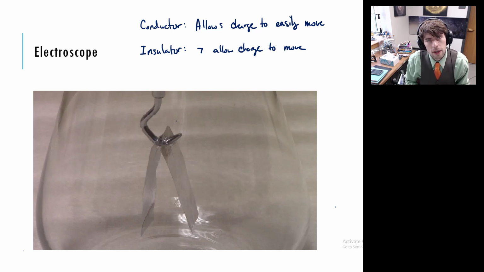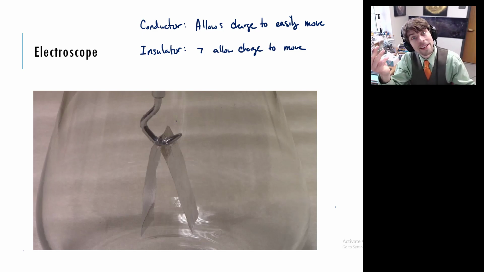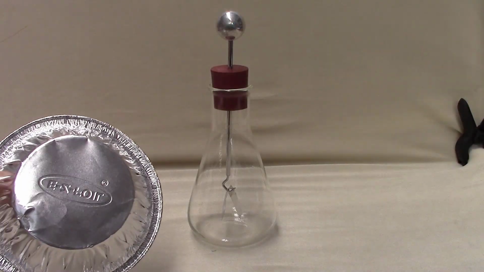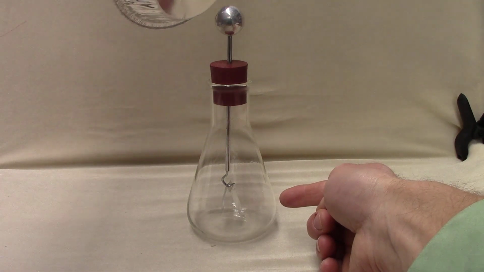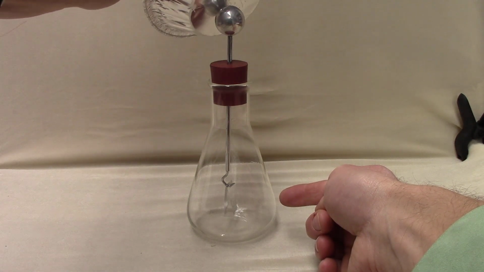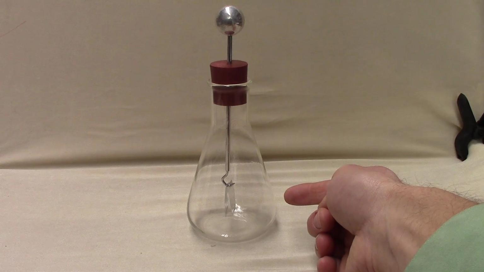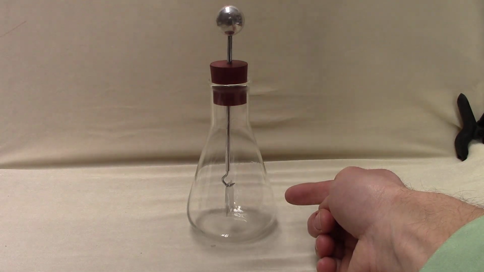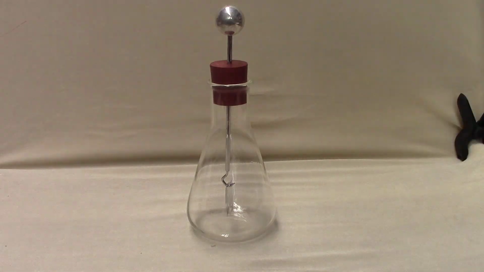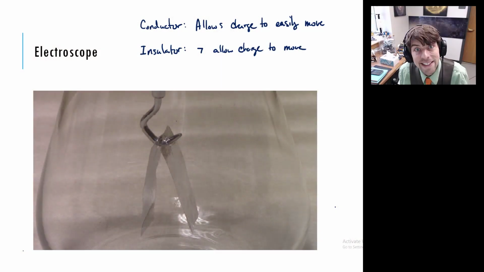You say, how could you do that? One way is just touch something metal to it, right? If I discharge using something like a pie plate, you see that?